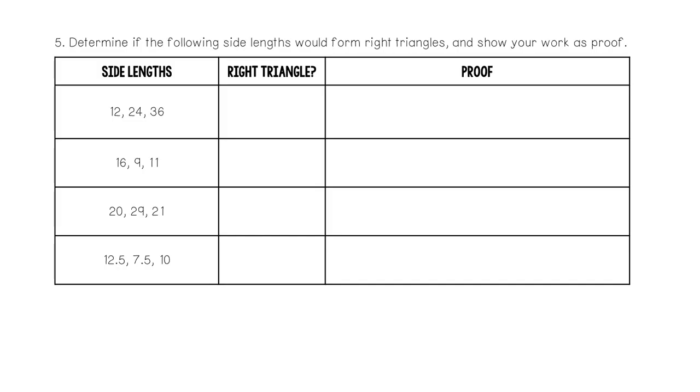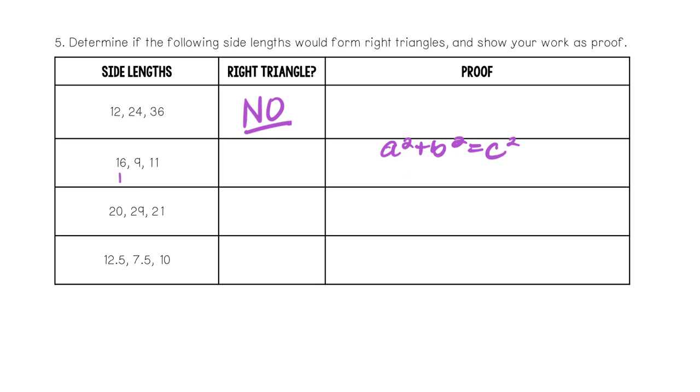All right, so here we have some more side lengths. In this case, 12, 24, and 36 was the one we just looked at, so I am not going to worry about that one. This one is a no because we just did that one. So let's look at 16, 9, and 11. If we're going to be doing a squared plus b squared equals c squared, let's plug in those values where they belong.